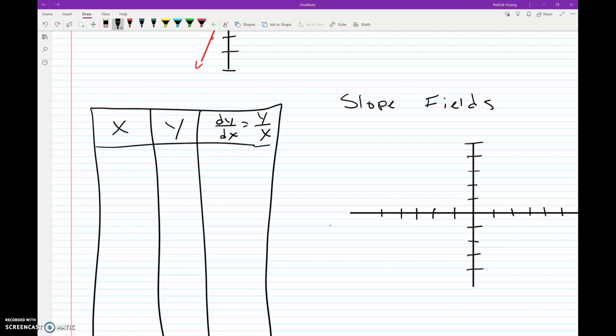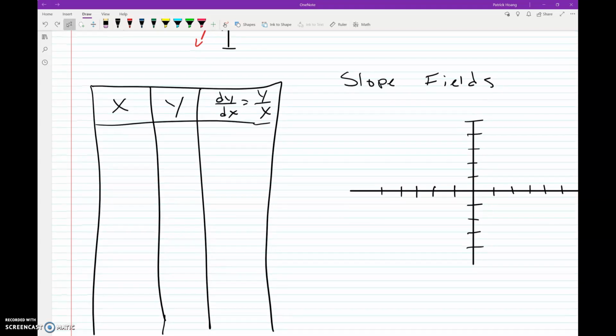So I'm going to go through some examples with all of you guys. Let's pick a point. Let's pick the point 1, 1. Okay? If we were to substitute these values into our differential equation, it would be 1 divided by 1, which is equal to 1.